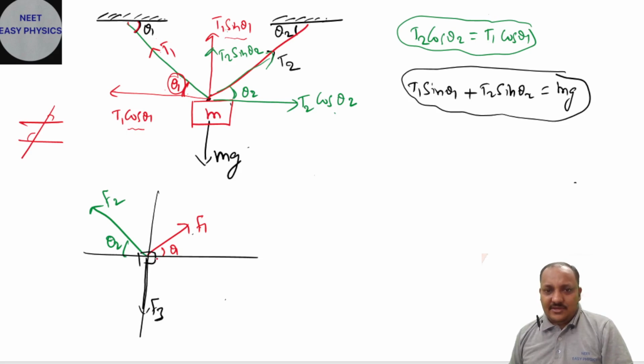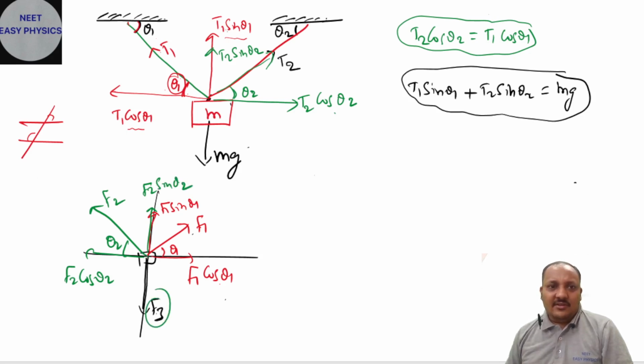Now, F1 can be resolved into two forms: F1 cos theta 1, which is adjacent to theta 1, and F1 sin theta 1. Next, F2 cos theta 2 and F2 sin theta 2. You cannot resolve F3 because it is only along one axis.